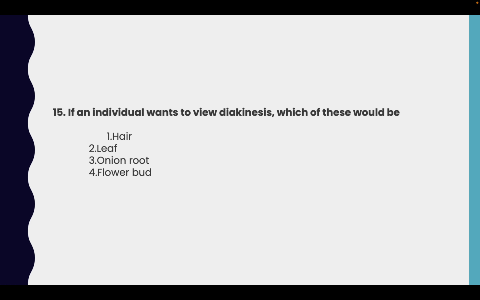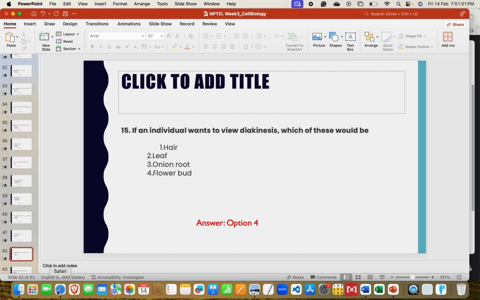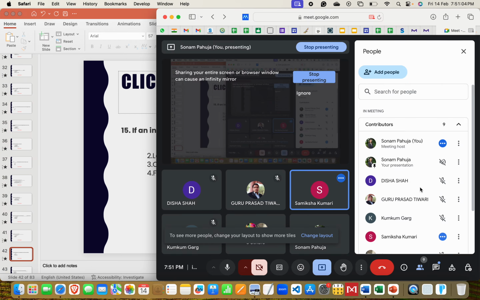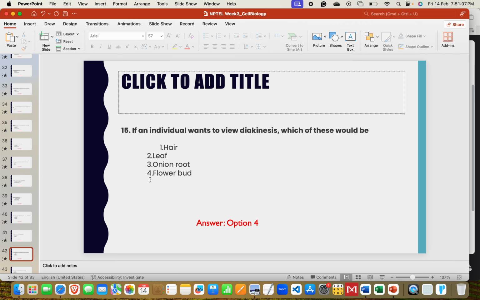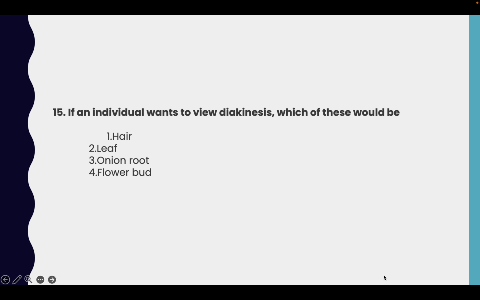What is diakinesis? Diakinesis is the final stage of prophase 1, where the chiasmata are formed. Yes, onion root, ma'am. Onion root, and related to mitosis.